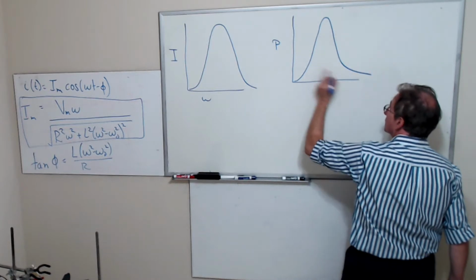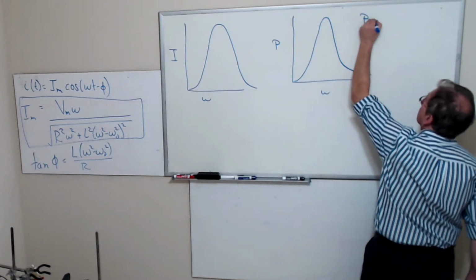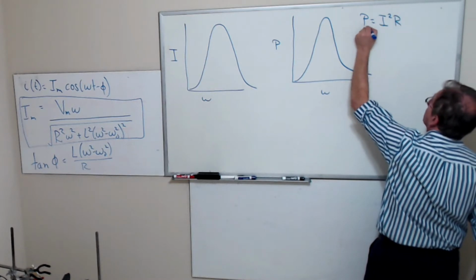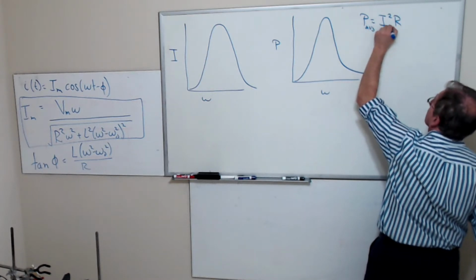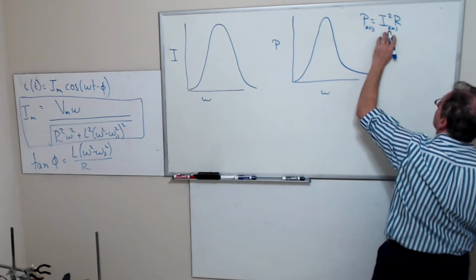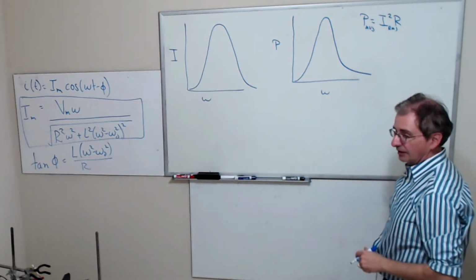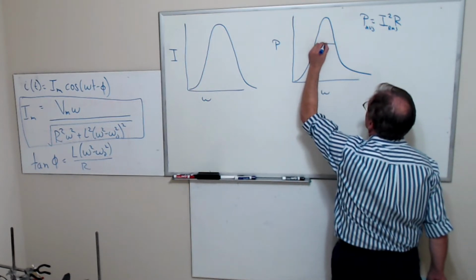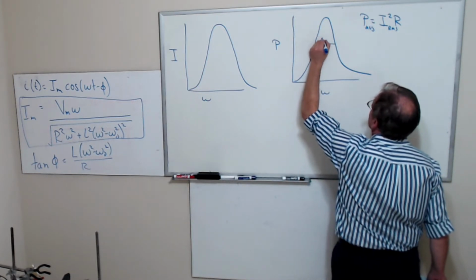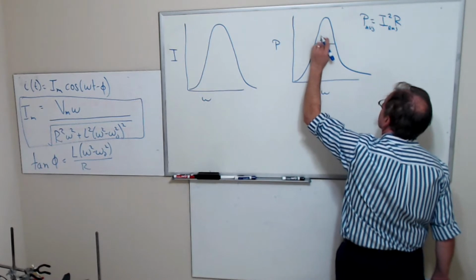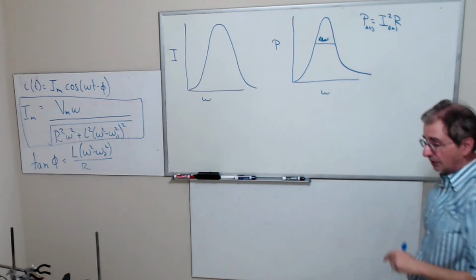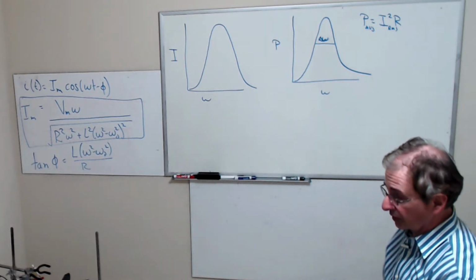It's narrower because the power is I squared r. In fact, we can talk about the average, and so we can call this I RMS. Now the width of this graph at half the maximum is related to the quality of the circuit.